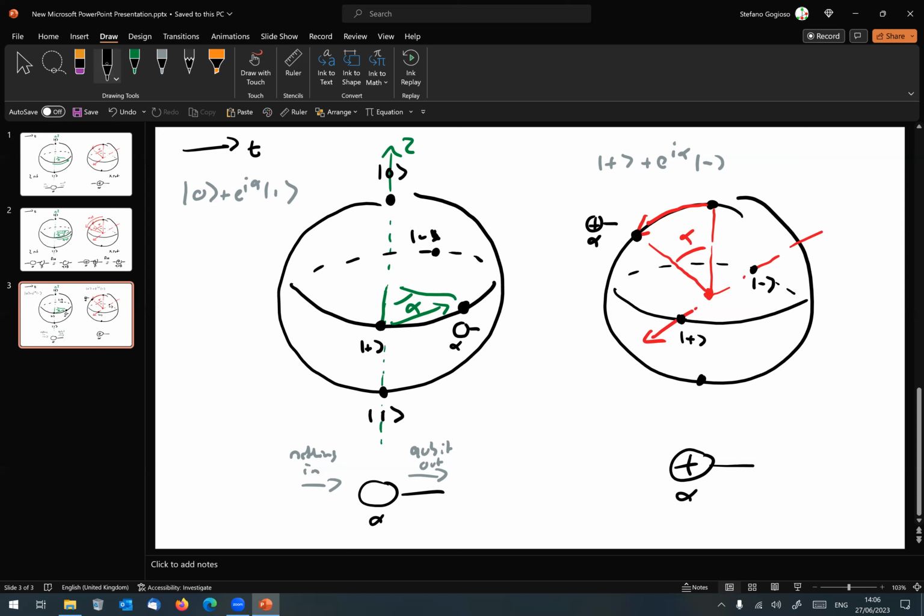Plus is the empty dot with no angle, minus is the empty dot with a pi angle. And on the other hand, I have 0 and 1 here, and 0 is the cross dot with no angle, and 1 is the cross dot with a pi angle.